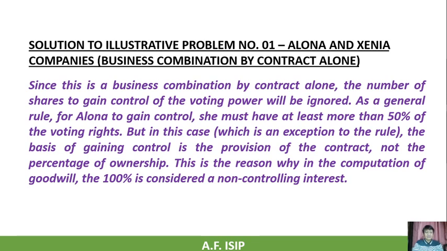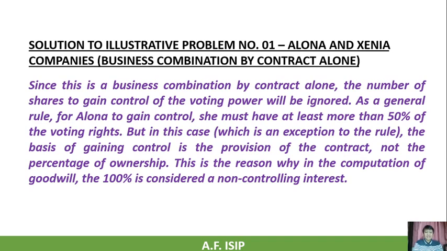As a general rule, for Alona to gain control, she must have more than 50% of the voting rights. This is what I am saying. Alona has no more than 50%. But Alona gained control because of that agreement. So this case is an exception to the rule, because the general rule is that you can gain control if you have more than 50% of the shares of stocks.